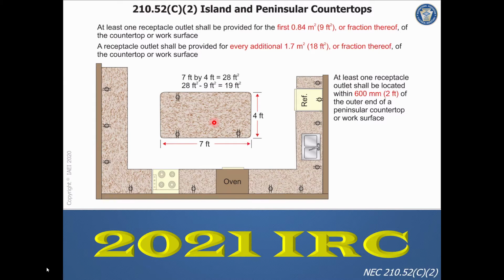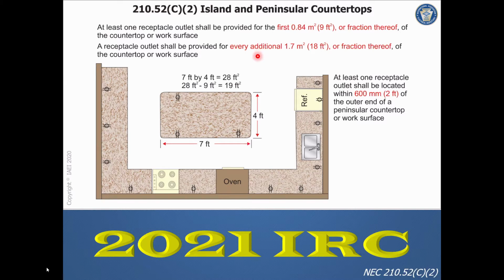The next 18 square feet will call for another receptacle, and the next 18 and the next 18, and so on. And again, or fraction thereof. So in this example we've got on the screen right here, it looks like we've got an island that's 7 by 4 feet, which would be what, 28 square feet.